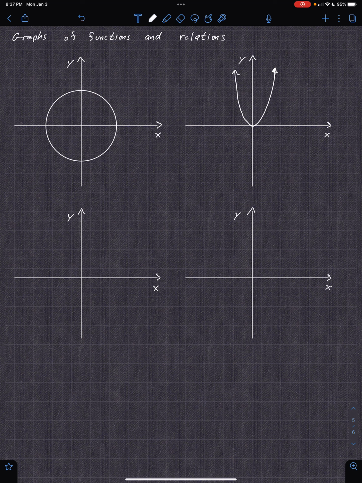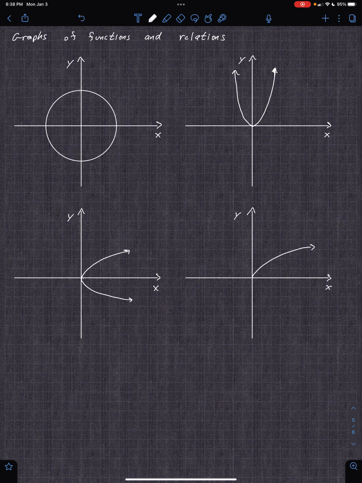Do the parabola on its side. Didn't mean to do that. So it would look like that. And then this is the square root function, just like that. Okay, so I'll write down the equations.